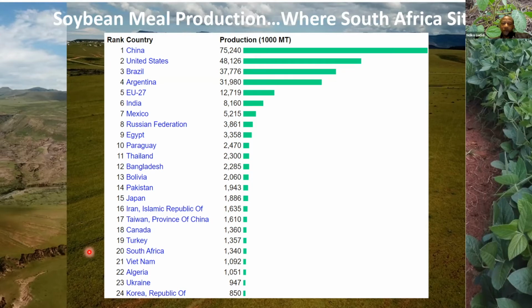And perhaps this points to opportunities for South Africa to build more soybean crushing plants as a way of processing the soybean that we produce in the country. So that of course doesn't speak to me as a plant scientist, but speaks to soybean producers and soybean processors. I am a budding soybean farmer, by the way, but my contribution is very negligible.